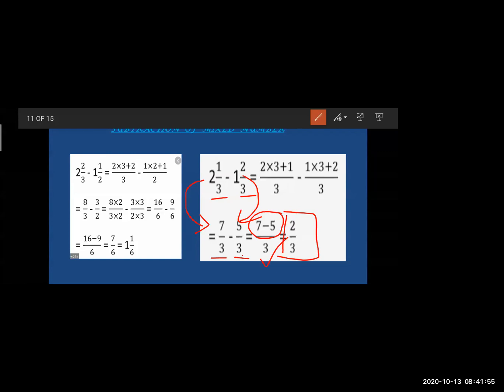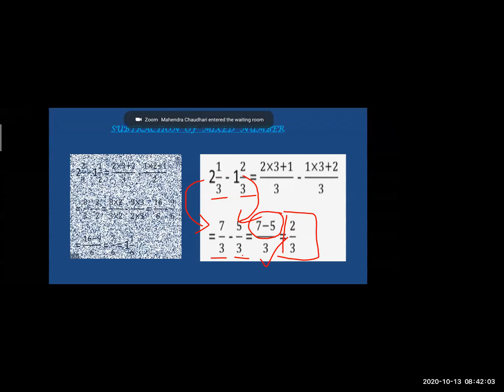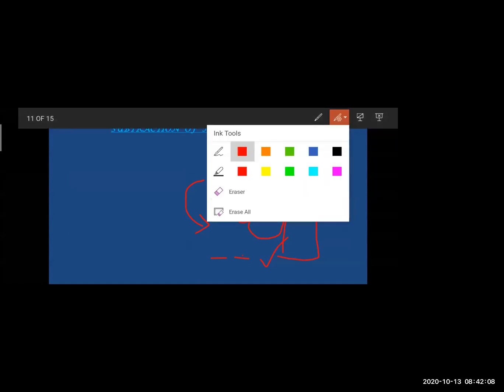So the process is equal for both the sums. Okay. So now we know the addition and subtraction of mixed numbers, or we can say we know the addition and subtraction of fractions.